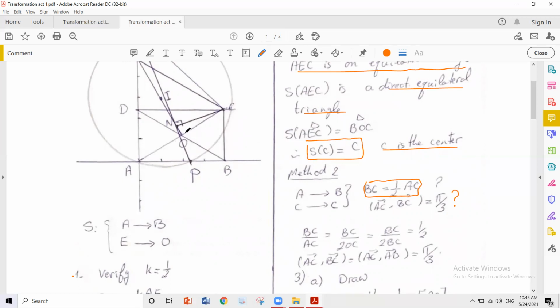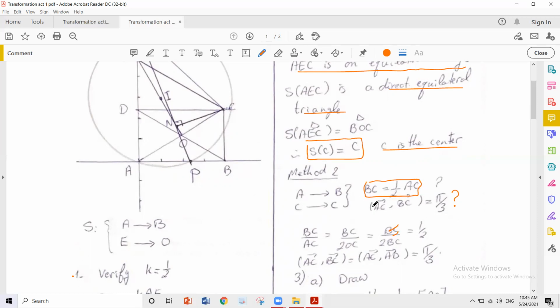We have BC equal OC since it is equilateral. So BC over AC equals BC over 2OC equals BC over 2BC, which equals half. The angle ACBC, instead of BC I can put AD, equal ACAD is pi over 3.